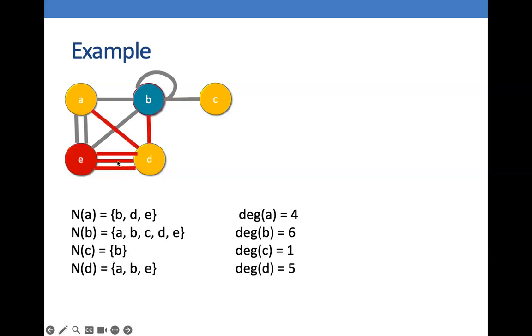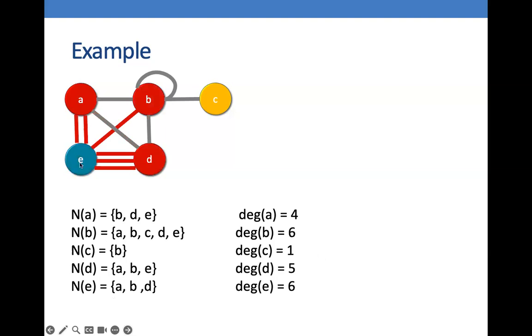And for D, D is connected with B, E, as well as A. Sorry for the bad color. So it is connected with B, A, and then E. And if we count the number of edges, it is 1, 2, 3, 4, and then 5. So we can say that the degree of D is 5.